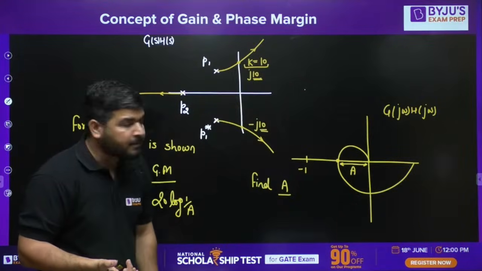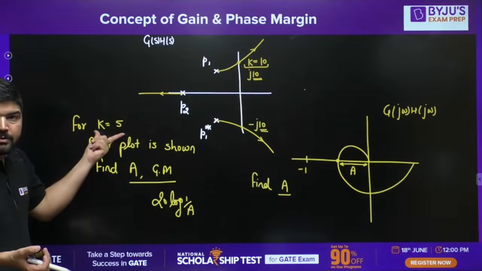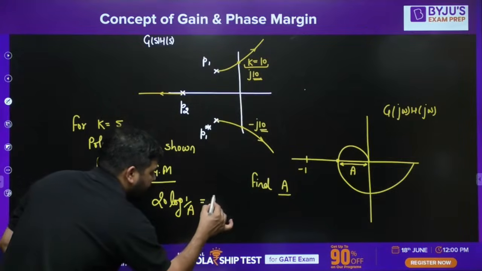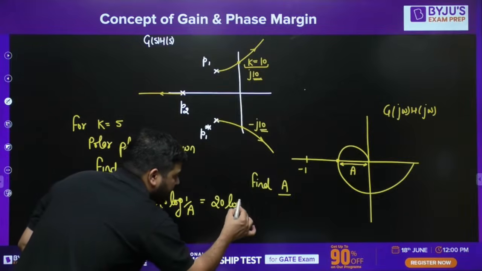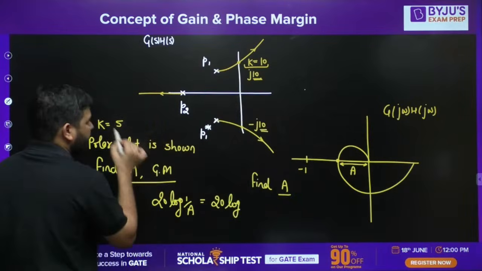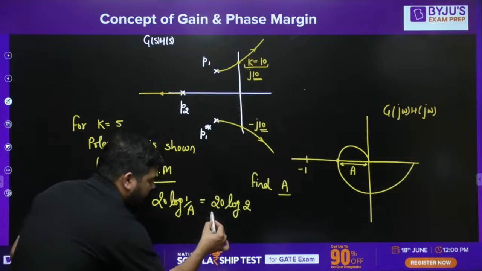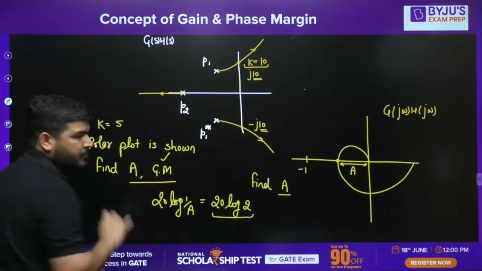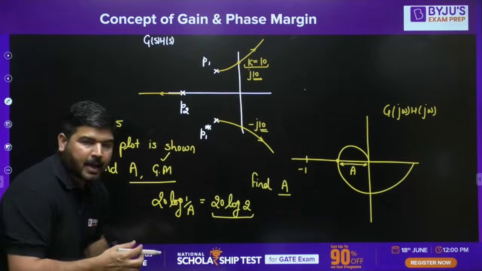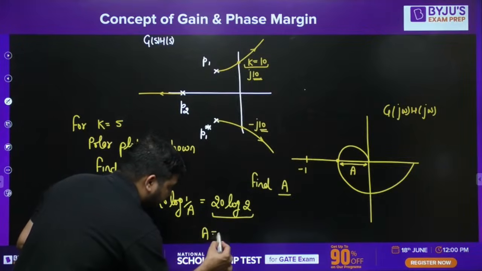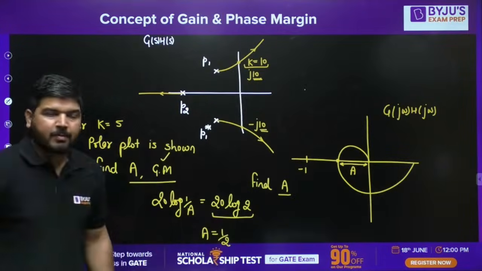It is given in the question. And the actual value of k is 5. So this gain margin can be written as 20 log 10 by 5, that is 2. By comparing these two, I have calculated the A value also. A will be equal to 1 by 2.